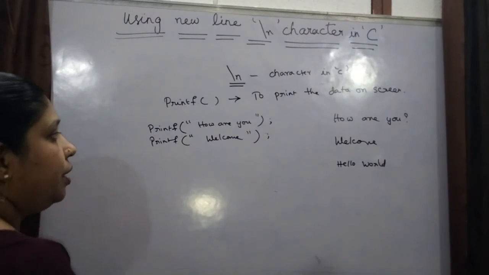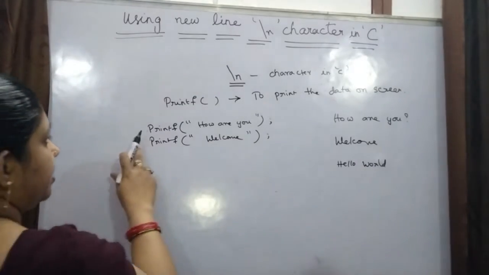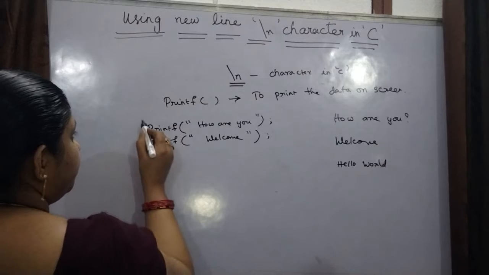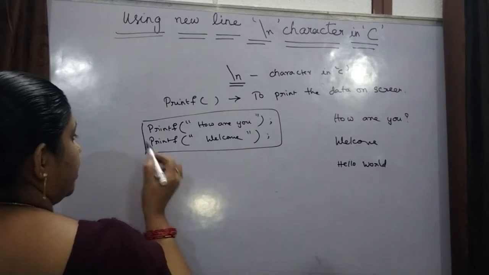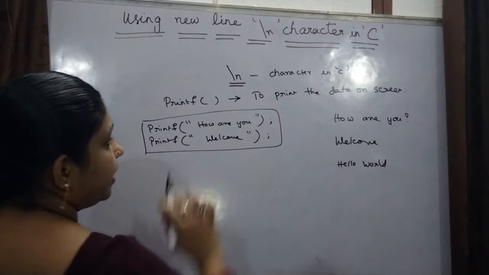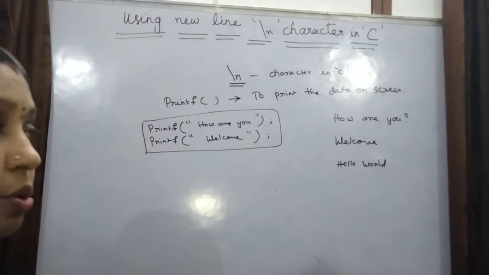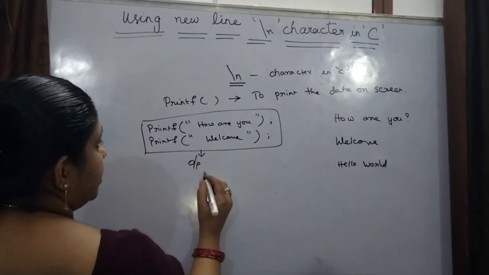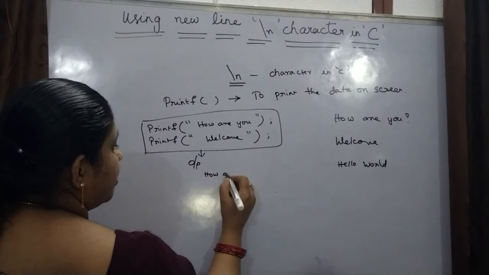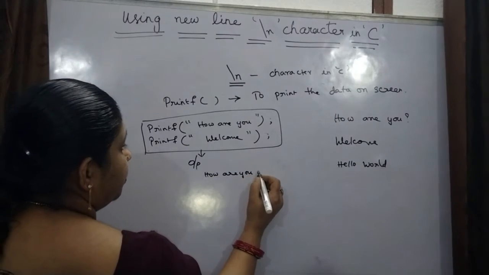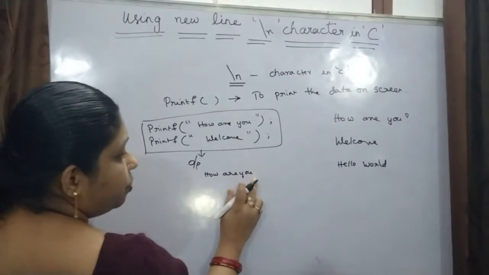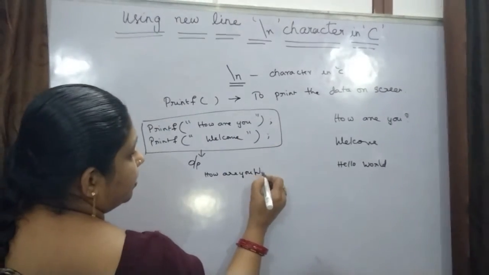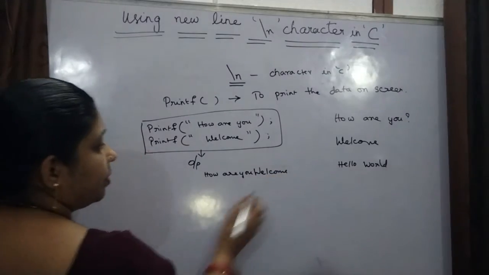Now when you write like this, printf with two sentences, do you think the output will come like this? No, it will not. The output is like this: How are you? The moment you have completed that, the next one starts.